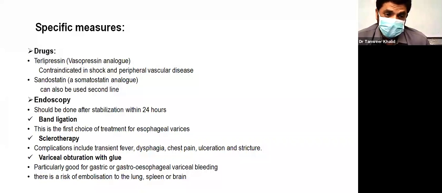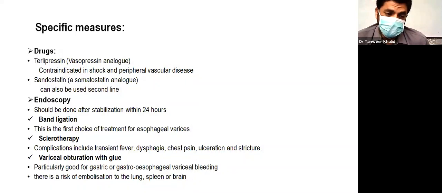Terlipressin acts as a vasoconstrictive agent. It vasoconstricts the vessels and therefore decreases the supply to the portal circulation. It's contraindicated in shock and peripheral vascular disease. Somatostatin is another agent, a somatostatin analog. It can also be used as a second line agent.